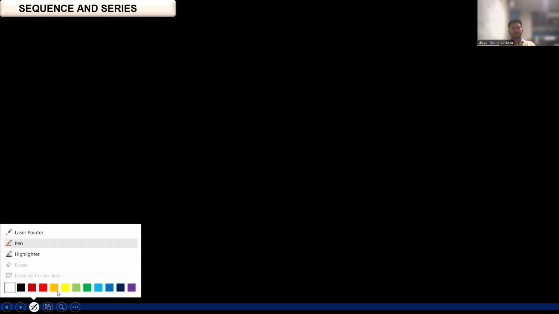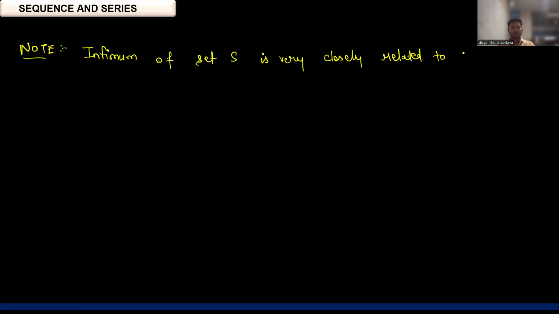Here is a note related to this. So the infimum of the set S is very closely related to the set S, that is, if the infimum of S is equal to m, therefore implies for all x belongs to S, x is greater than or equal to small m.